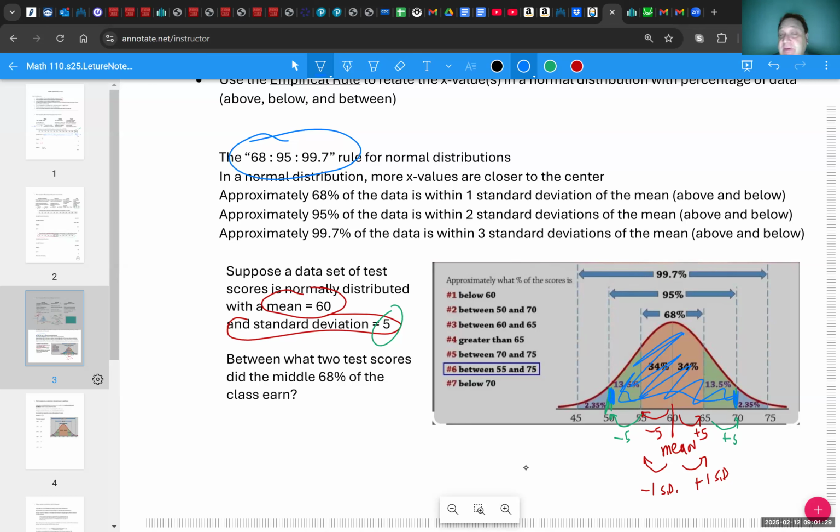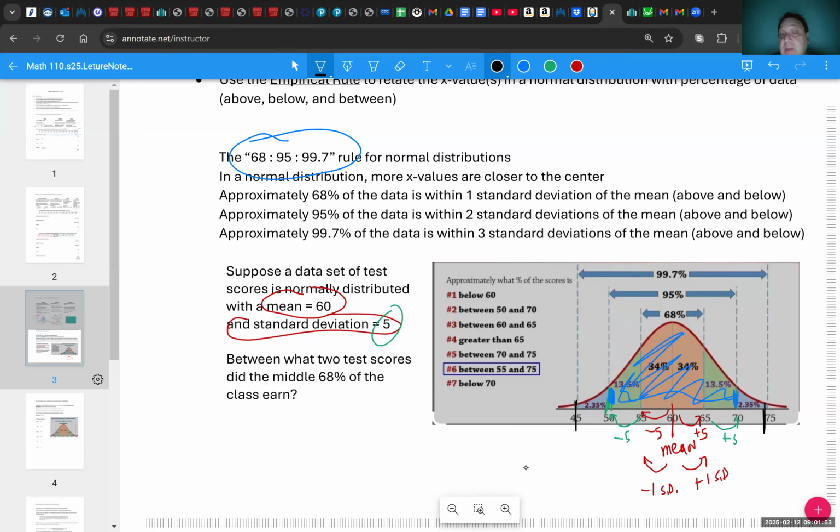And then the last number is going plus or minus 3 standard deviations. 3 standard deviations will get you to 45 and 75, and that's virtually every single piece of data. 99.7% of the data is almost 100% of the data. Very, very little is left over that we need to be worried about. So almost all the data is within 3 standard deviations of the mean.